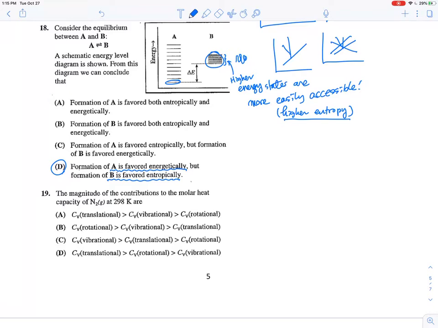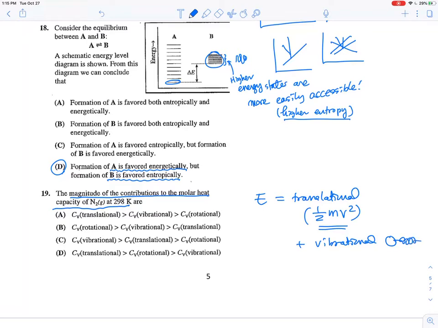This is also about the magnitude of contribution to the molar heat capacity of nitrogen at 298 Kelvin, right? So we are talking about energies. There is translational energy, which is pretty much like this, right? Then there is vibrational energy, which has something to do with motion like this.